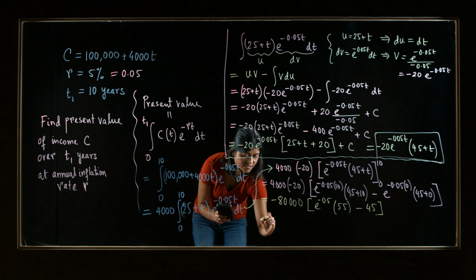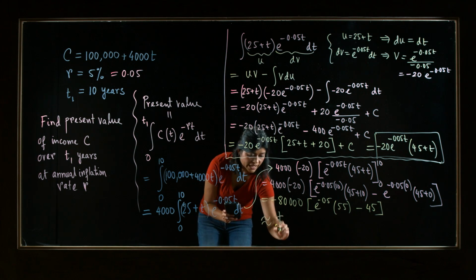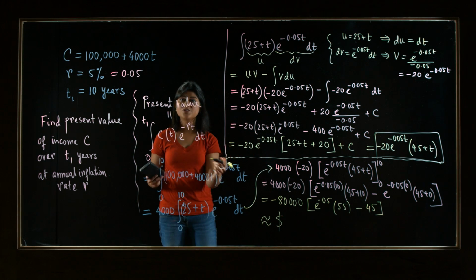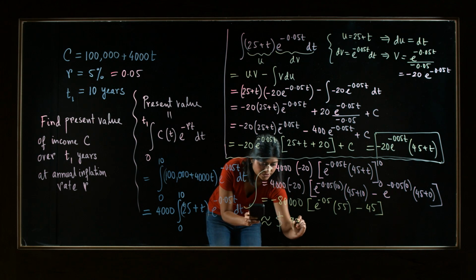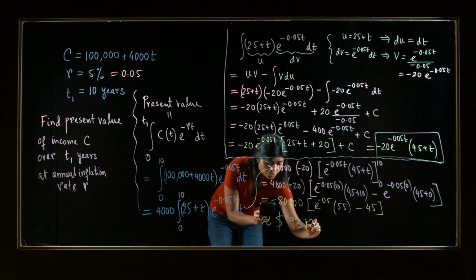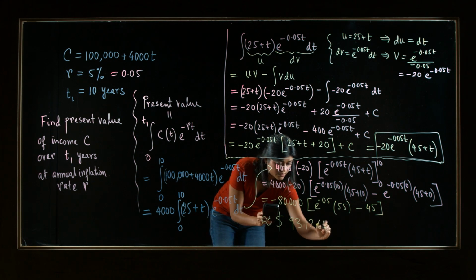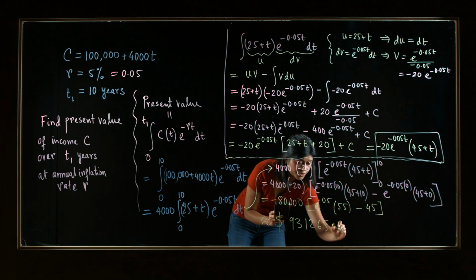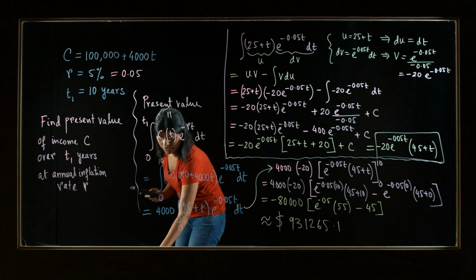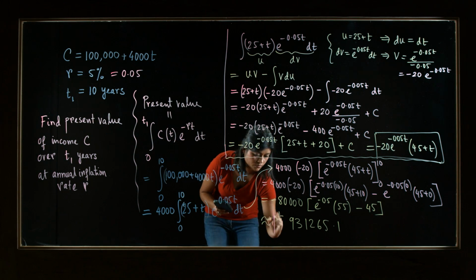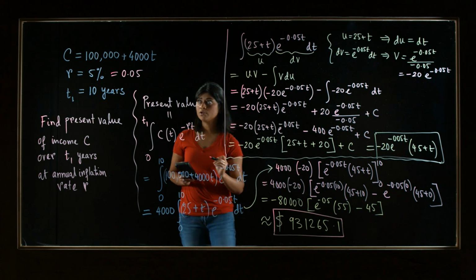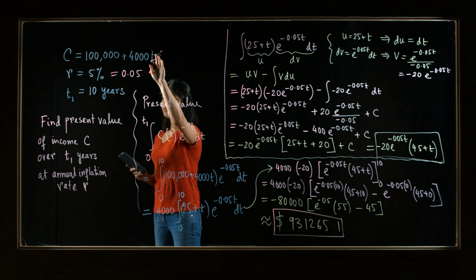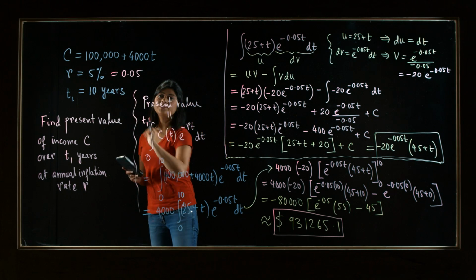So we get an approximate value, and remember this is the present value, it's in dollars, and the value is 931265.1. So this is the present value of this income at this rate over 10 years.